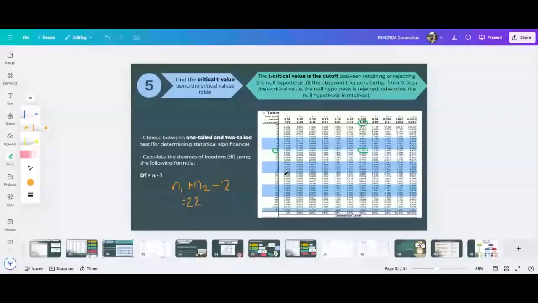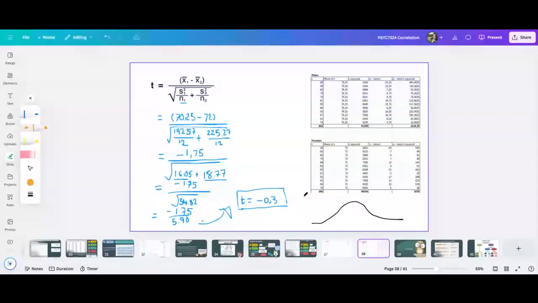Okay. So then we'd be looking, okay, 22. It was two tails, so this very same column. Okay, 2.074.